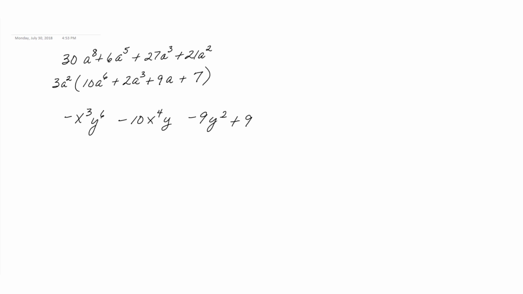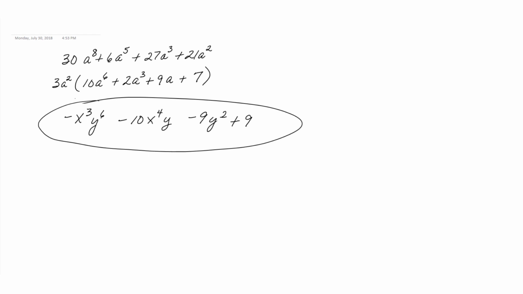When we take a look at these expressions, we are not finding anything that they have in common numerically. Then when we look at the variables, a couple of them have x's, and 3 of them have y's, but we don't have anything in common to all of them. So unfortunately, with regard to the greatest common factor, this one is prime.